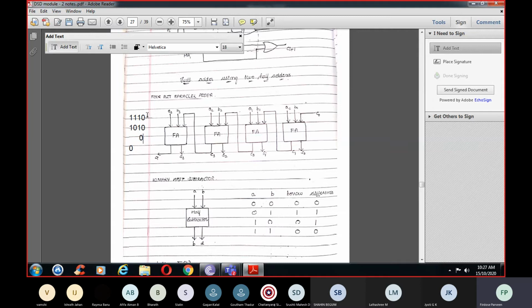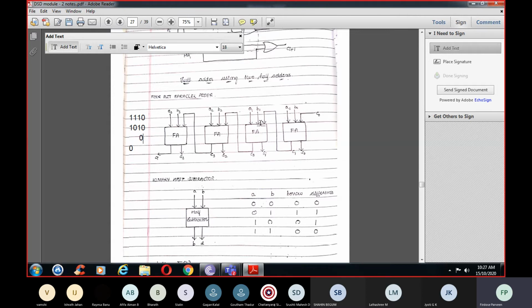So suppose 0 plus 0 you get 0. 1 plus 1, what do you get? 0 addition and carry 1. So 1 plus 1 is 0, again 1 carry. 1 plus 1 plus 1, what will you get? 1 plus 1 carry. So that carry which we want to add will be given here.